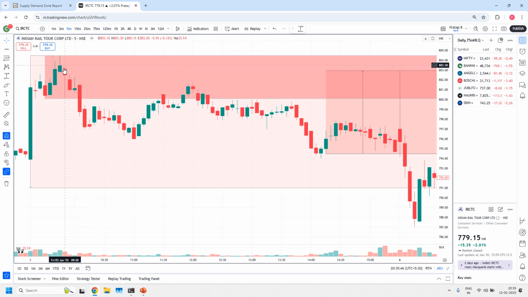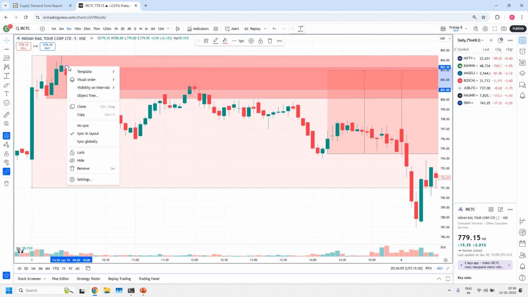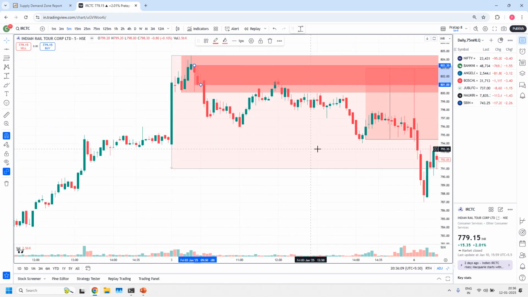Because this is a rally candle, up to the higher wick of this you need to consider. Rally base drop, the higher wick of the leg in, base candles and a drop candle. That way, you can draw a zone like this. Supply zone.